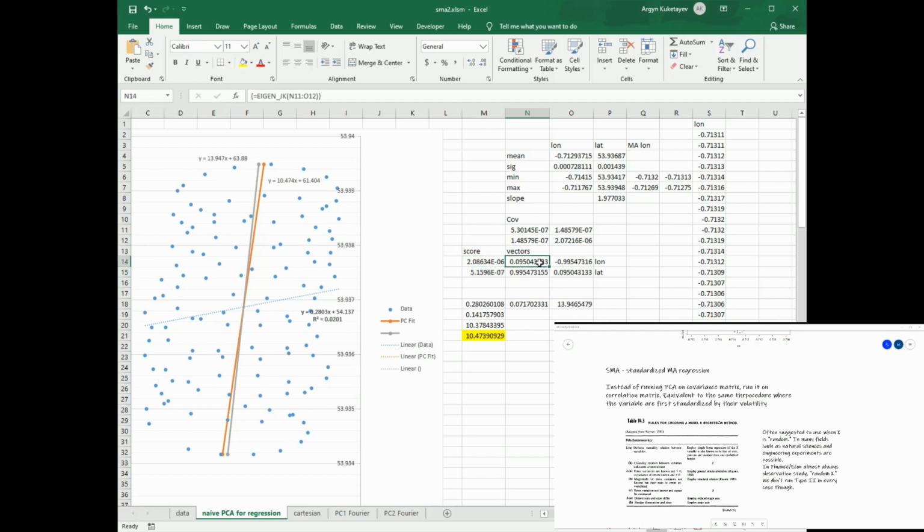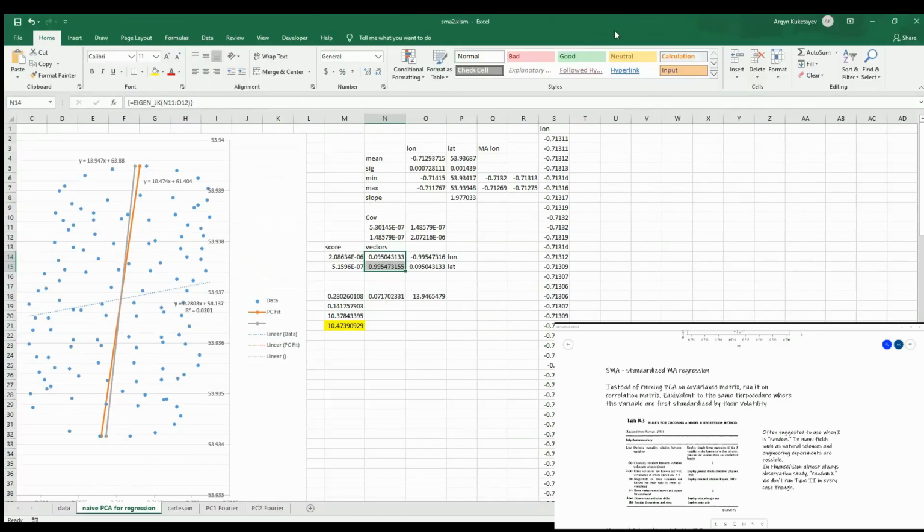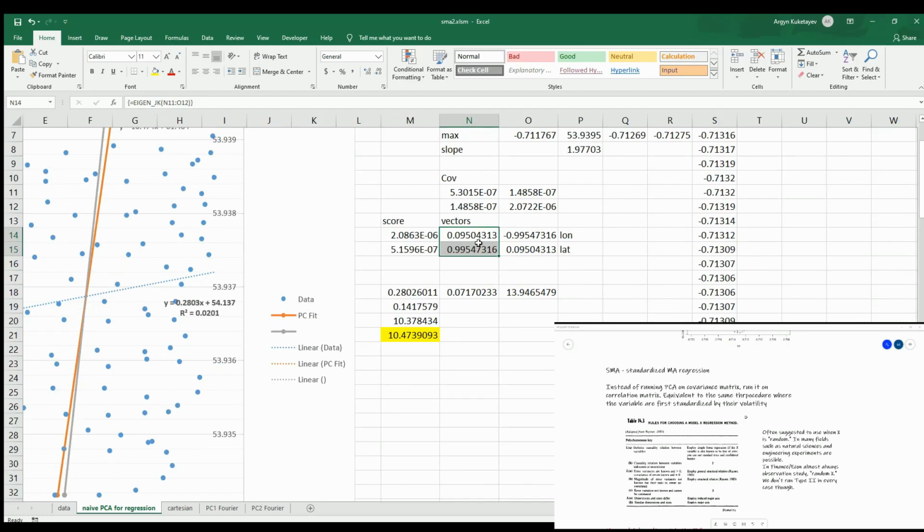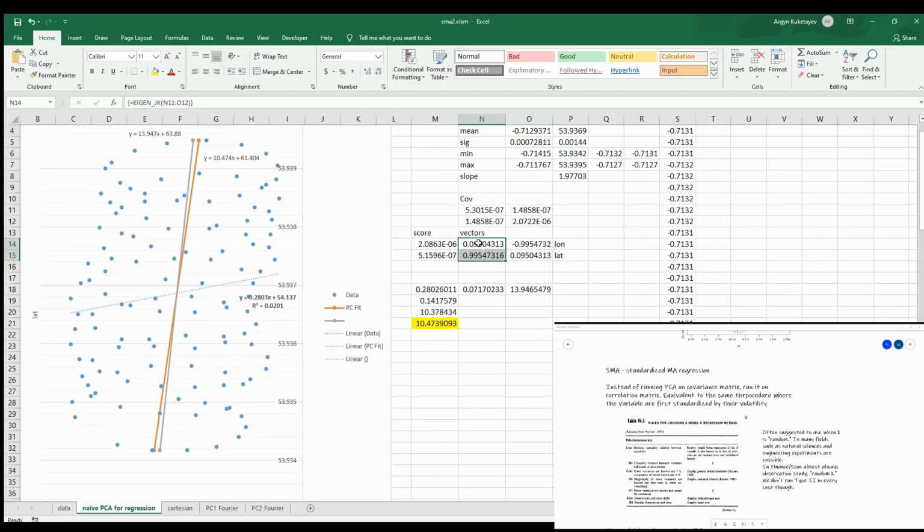I'm interested in the first principal component, which is in column N, cells N14 and N15.